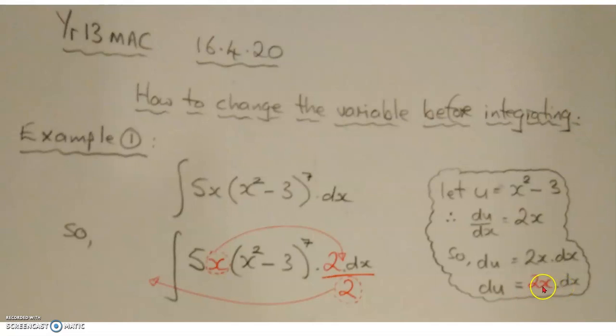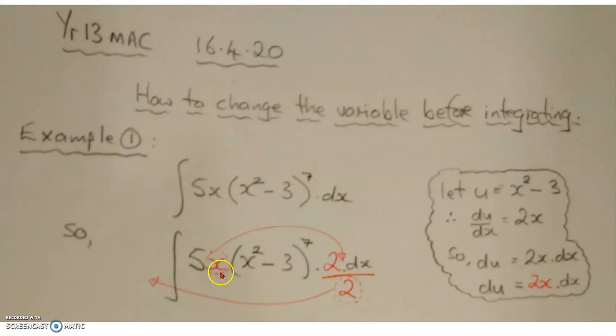Instead of it being 2 dx, we've now got 2x dx. Well, that looks like it could be a problem, but when you look at the original integral, you will see here, snuck in the front of the brackets, a little x. Well, we can use that for that one.